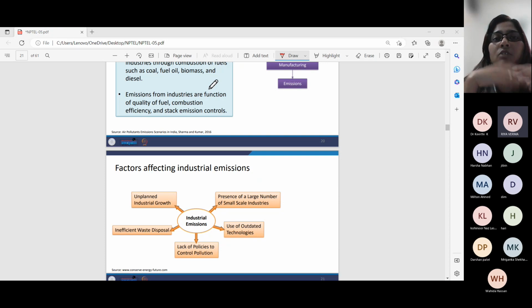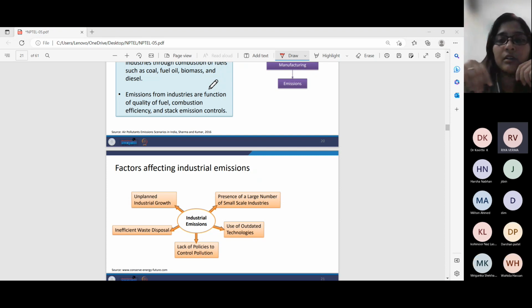So if the industrial growth is not properly planned, the emissions from the stacks of those industries tend to accumulate in the environment. They tend to affect the environment, and ultimately the people residing in the nearby areas, their health will start getting deteriorated because of those emissions by those industries. So this is how the industrial emissions affect the health of human beings.